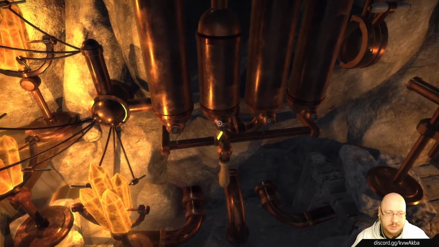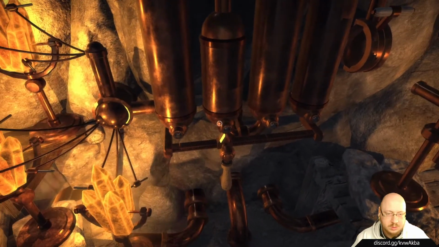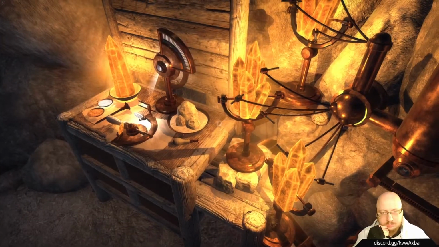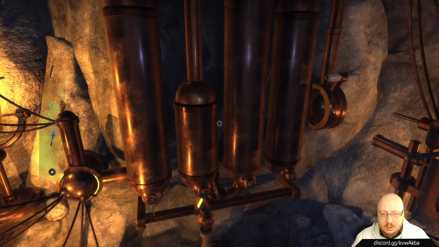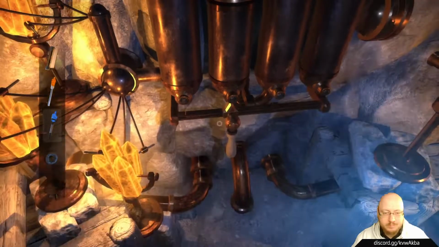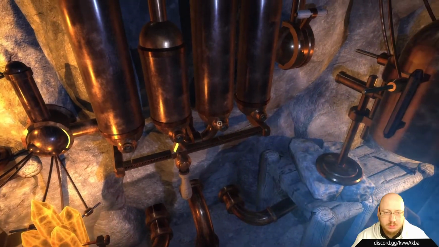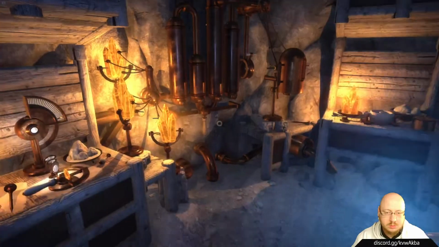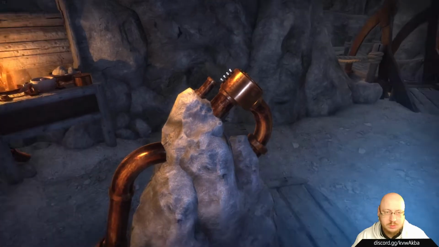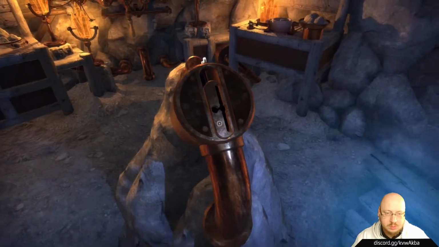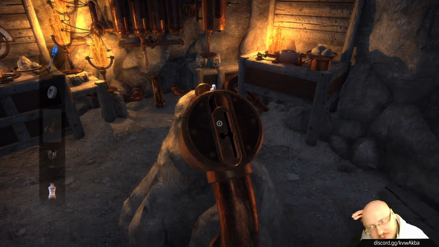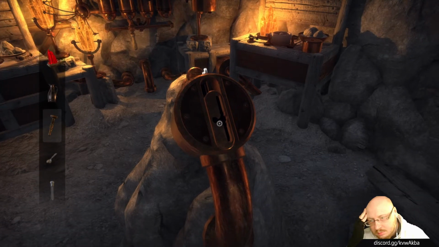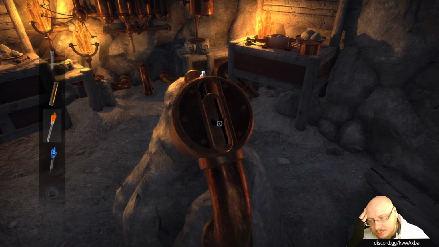What's that supposed to mean? Seems like there's something that should go in there. I don't think we have anything.